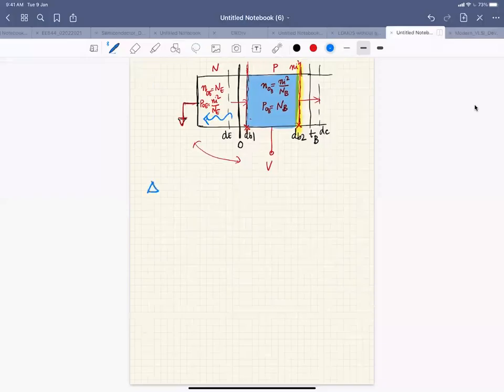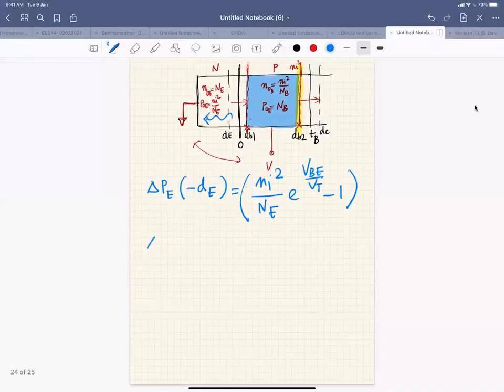So my delta PE, the excess minority carriers at minus DE, is Ni square divided by Ne e to the power VBE by VT minus 1, right? So the scalars will be this one, right? And your delta PE at TE, the emitter thickness, is 0 because, as I told you, these holes will recombine at the metal junction, where the surface recombination velocity will be very high, right?